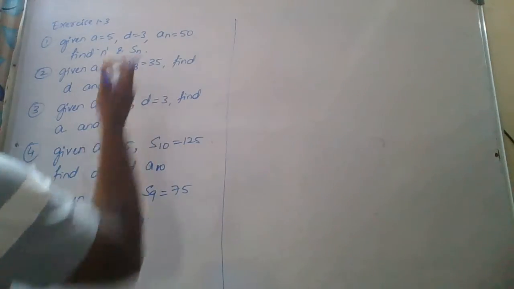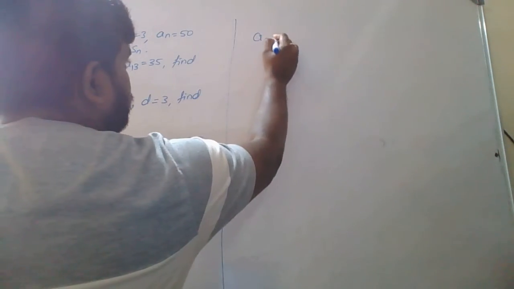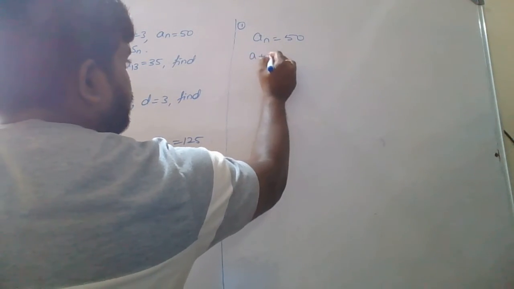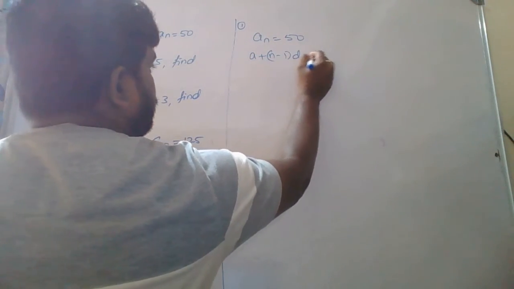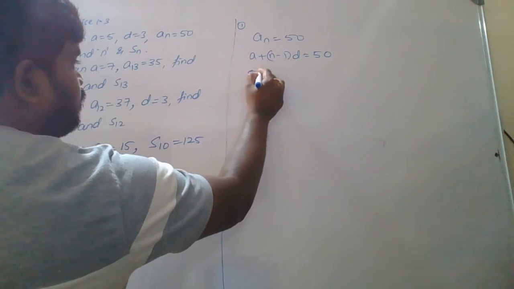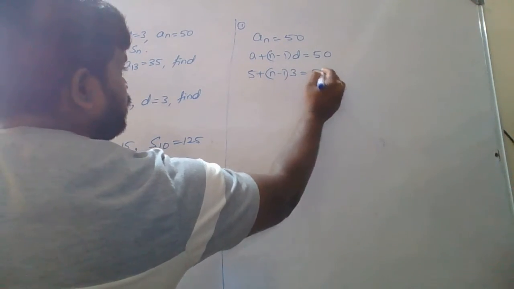Let's start with this An to find the value of n. An is equal to 50. This is the first one. So the An formula is a plus n minus 1 into d equals 50. We know the value of a and d, so let's substitute it. 5 plus n minus 1, d value is 3, equals 50.